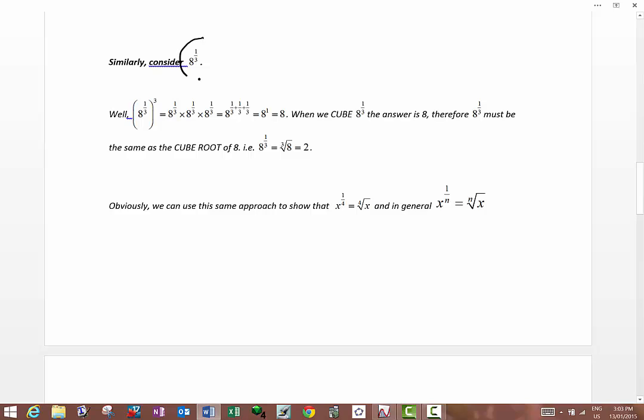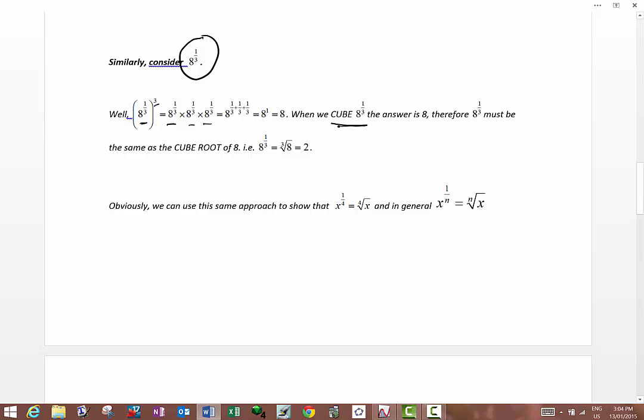Similarly, let's have a look at 8 to the power a third. In the same way, if we consider cubing it, 8 to the third cubed means just multiply by itself 3 times: 8 to the third times 8 to the third times 8 to the third. When we do that, we just add the exponents, and a third plus a third plus a third is of course just 1. And so 8 to the third cubed must equal 8 to the power 1, in other words, 8.